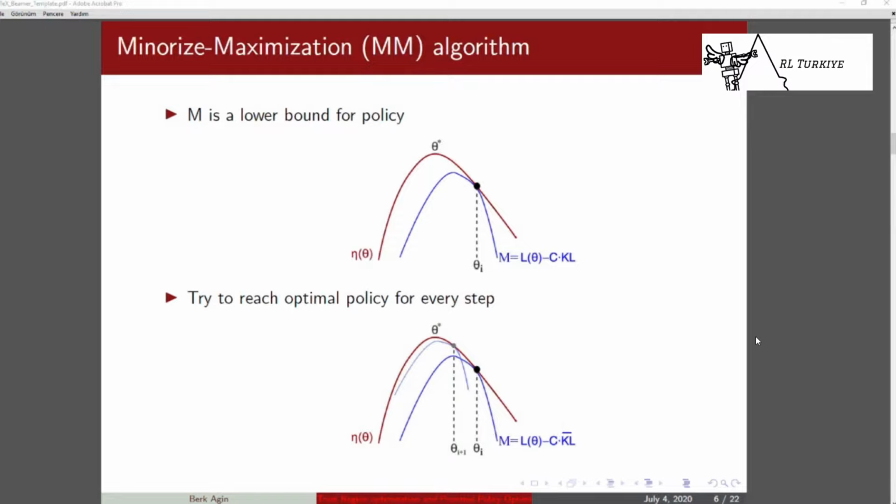In each iteration, we find the optimal point for M and use that as the current policy. Then we re-evaluate a lower bound at the new policy and repeat the iteration. As we continue the process, the policy keeps improving. Since there is only a finite number of steps, our current policy will eventually converge to the local or the global optimal point.